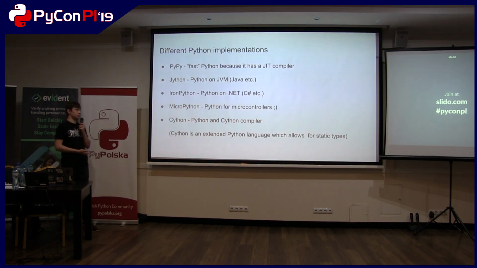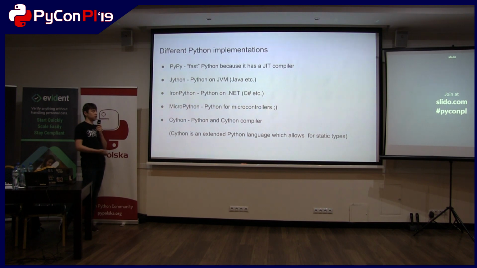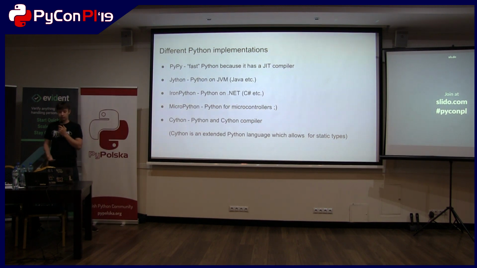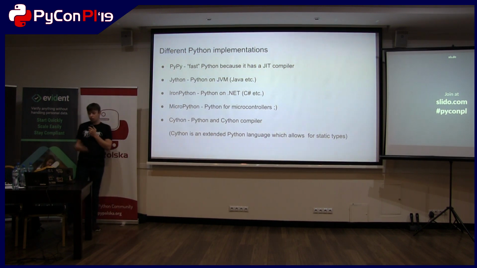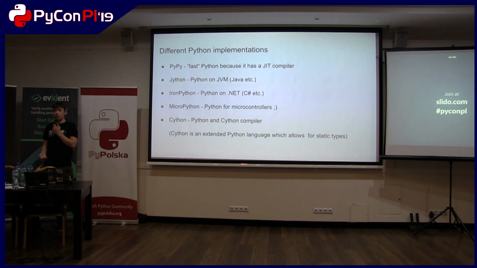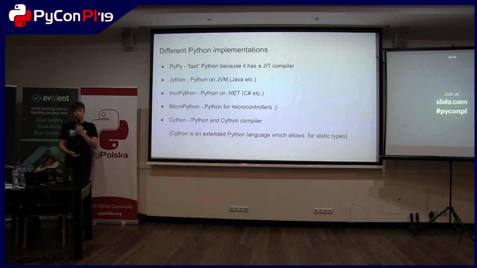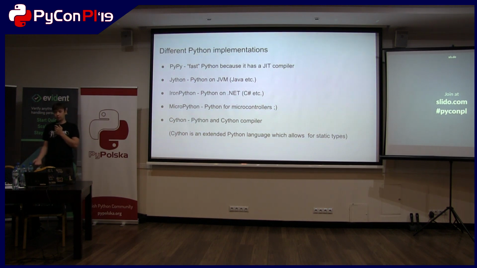Then you have Jython, which is Python on the JVM, which means that you can use it with Java and other languages that are on the JVM. Then there's IronPython, which is the same but on .NET. The reason for those two is that you might have software written in Java or C#, and you might want to write plugins for it in Python or additional code.